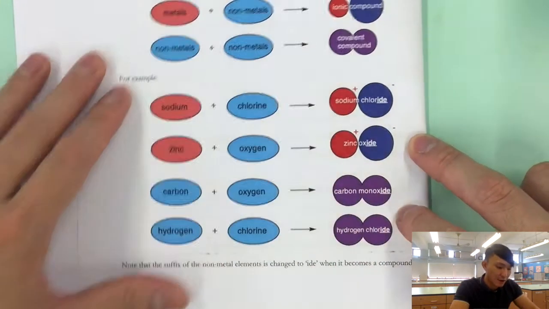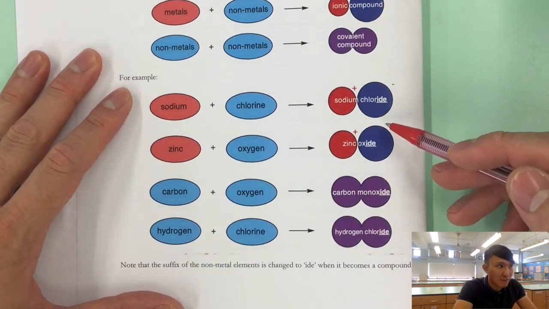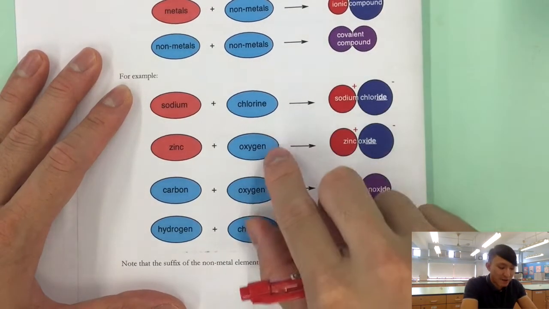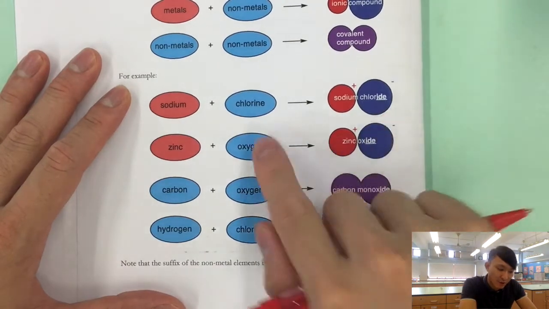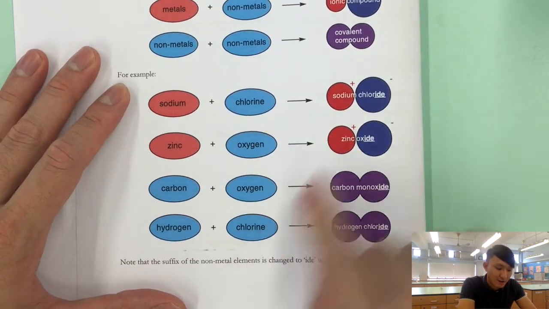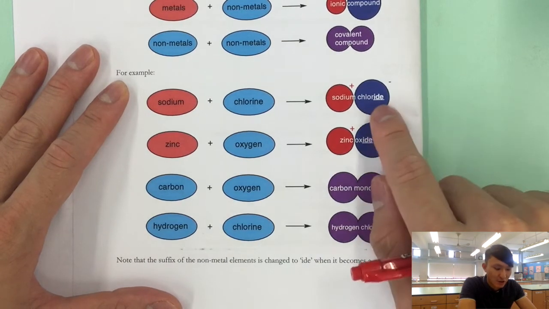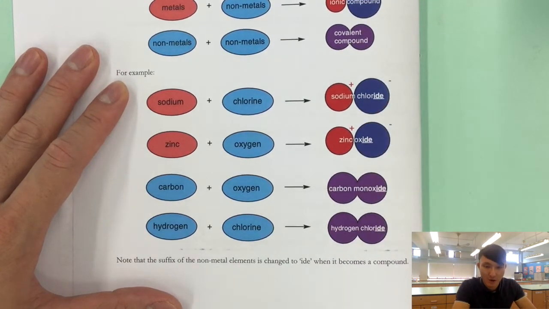You notice the names of the compounds change slightly compared to the elements. For the nonmetal part, the suffix is changed, especially for the latter word, not the first word.